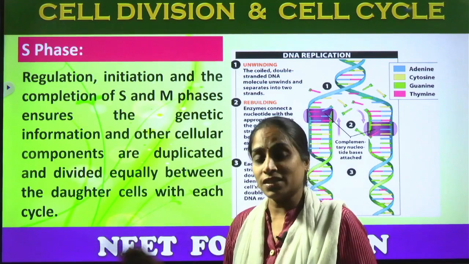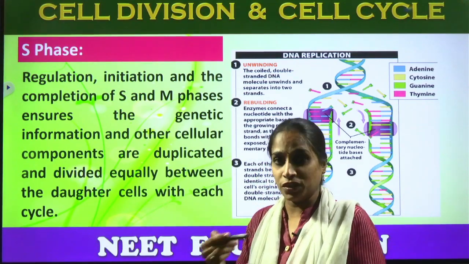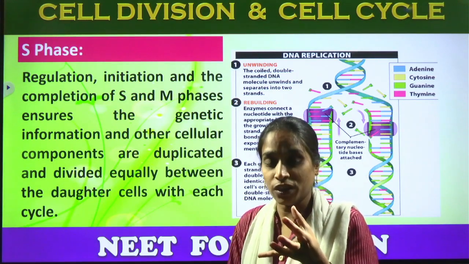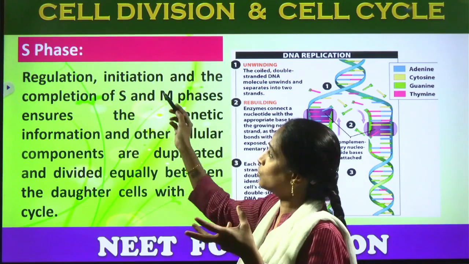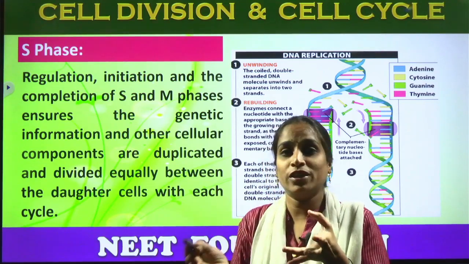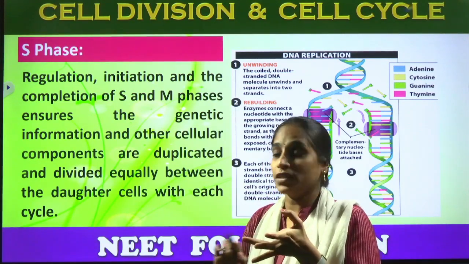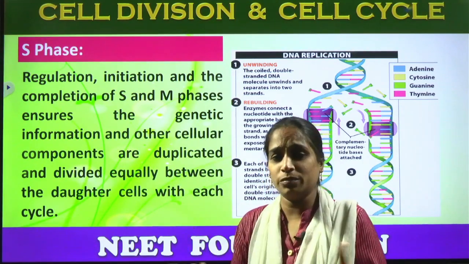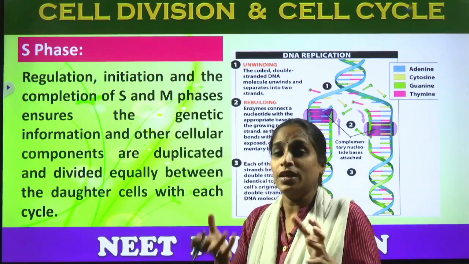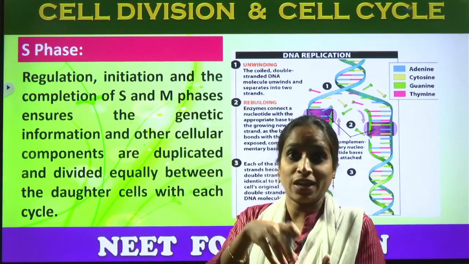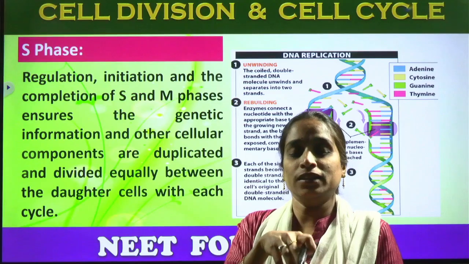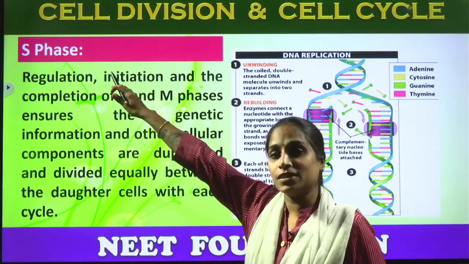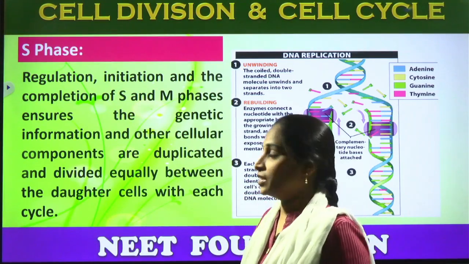With each cycle, within the cell cycle, interphase is responsible for the controlling process, and also the regulating process and the initiation process, when it has to begin and when it has to stop. That is done for both the genetic information and the cellular components, the cytoplasm and cell organelles, and the materials which have to be maintained inside the cell organelles. Everything is done by the synthesis of DNA, the S phase.